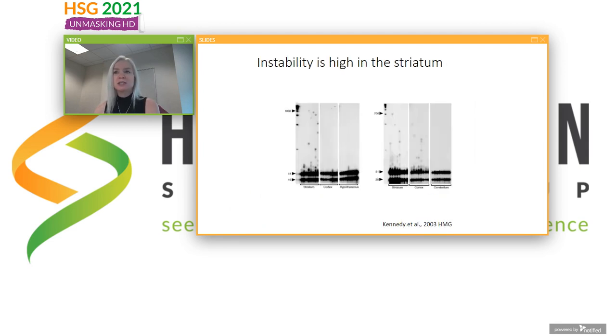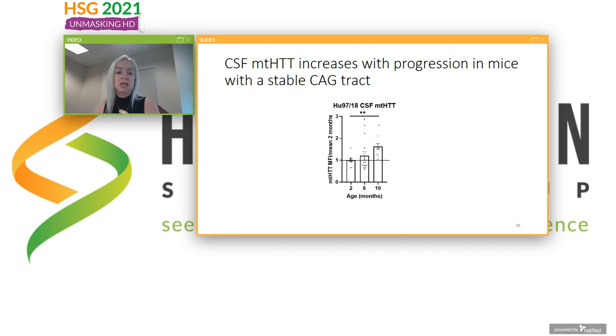So this is particularly important because we know that the majority of CSF mutant huntingtin comes from neural tissue in the brain. And we know that instability is particularly high in the striatum, where cell death is particularly high. So recently, we've used our humanized mice to determine that even with a stable CAG tract, the mutant huntingtin in these mice comes from the BAC-HD transgene, which is an interrupted repeat.